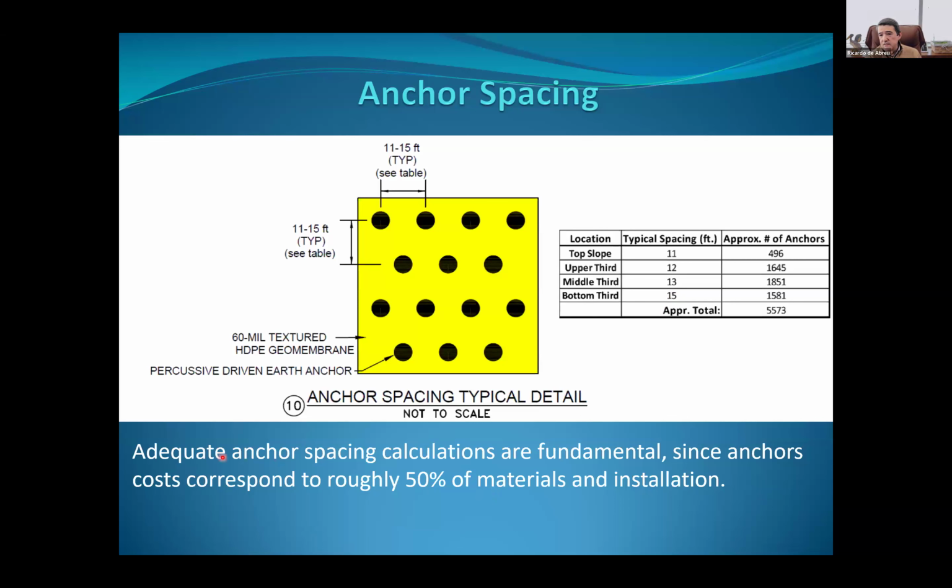So you have to be very careful with the anchor spacing calculations, because the cost of the anchor materials and installation is about 50% of the total. So it's very important.